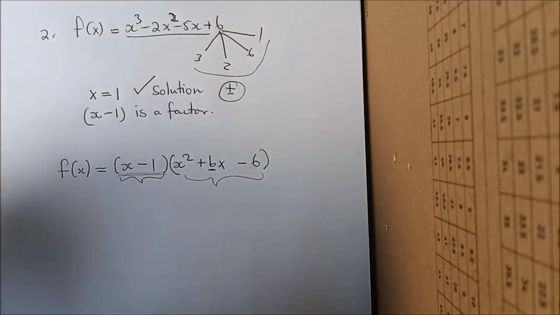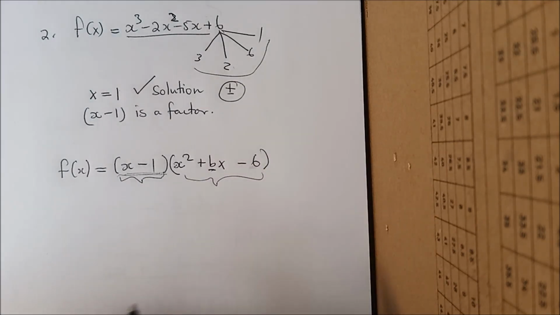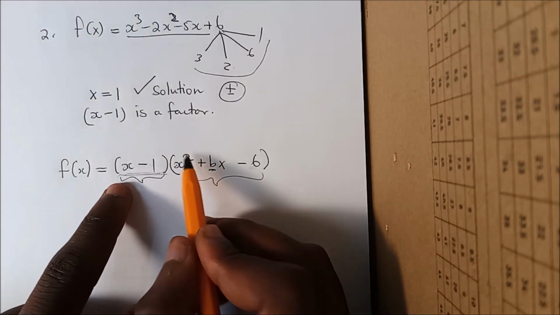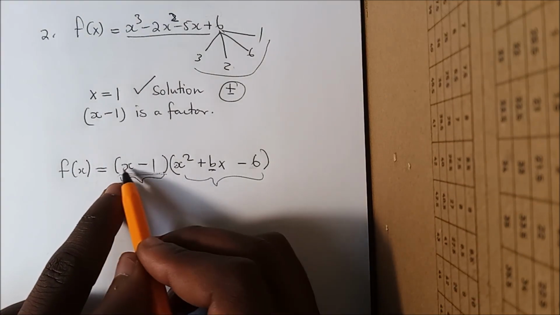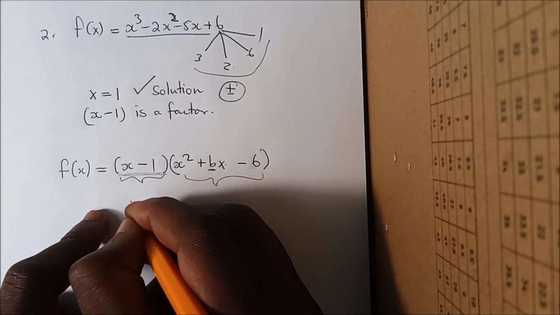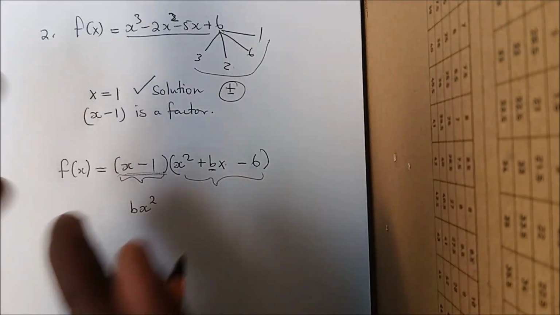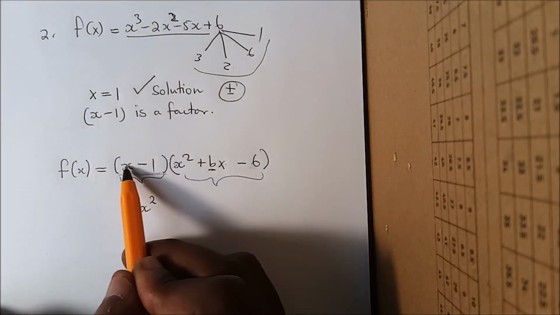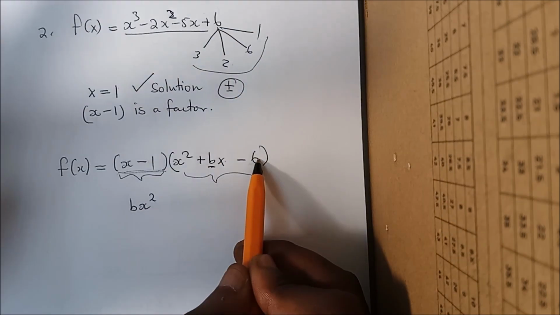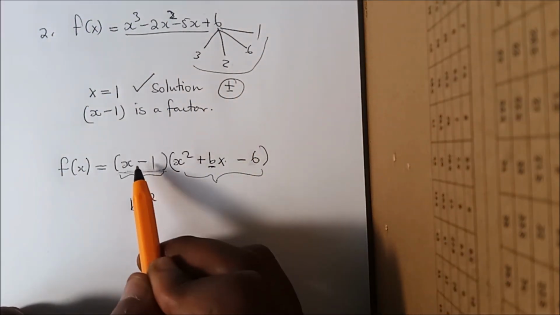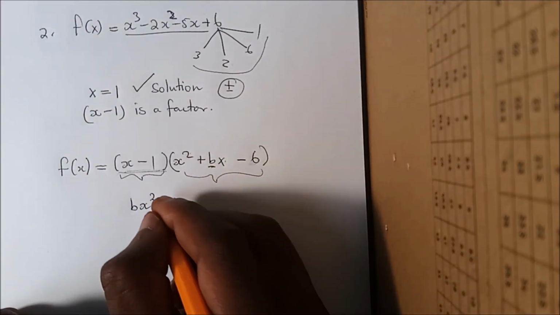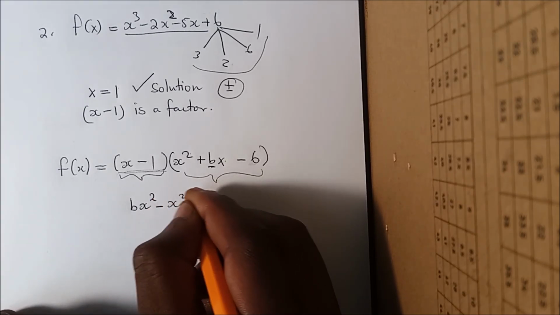Remember, I need the terms that will give me x squared. Now x times x squared is x cubed. We don't want x cubed. x times bx gives us bx squared. Now the second x squared will be x multiplied by negative 6. That is x. We need x squared. So negative 1 times x squared, that is negative x squared, equal.